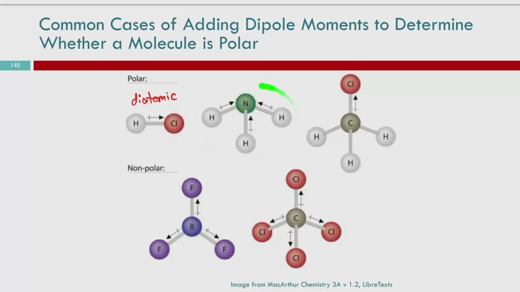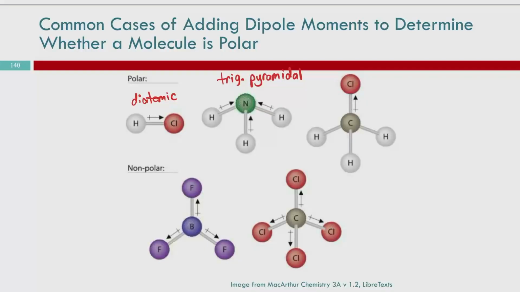We've got this trigonal pyramidal shape. In the trigonal pyramidal shape, all of these hydrogens are getting bullied by the nitrogen in the middle. And if we were to flatten it out, it would look kind of like this BF3.